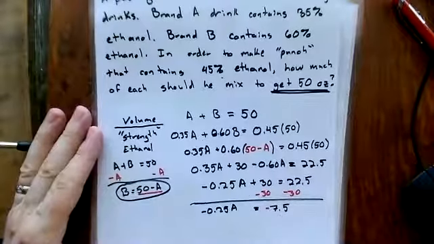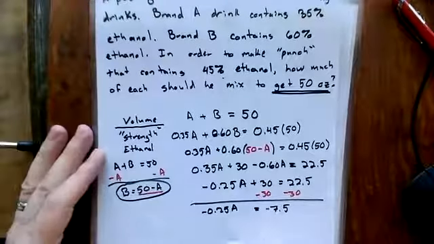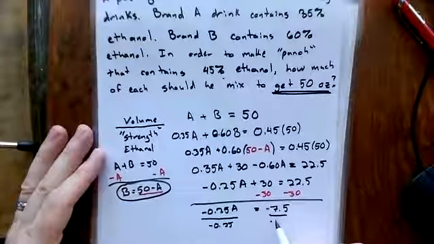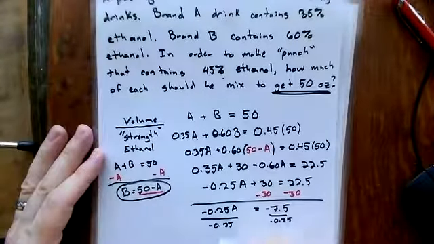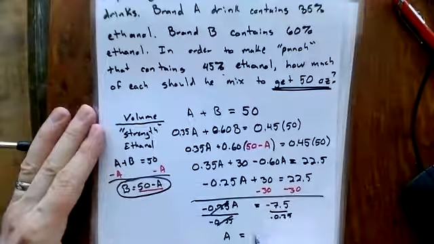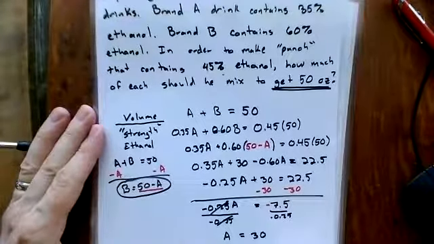Sorry, knew I was missing something there. Now when I divide both sides by negative 0.25, it looks like I've got a is equal to 30.